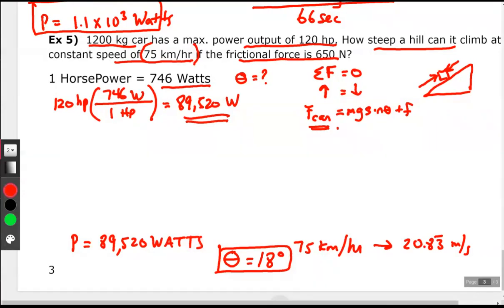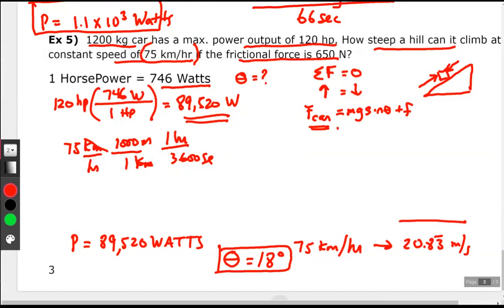You've got 75 kilometers per hour, and you know that 1 kilometer is 1,000 meters. So those cancel out, and 1 hour is 3,600 seconds. When you do the multiplication, you get this velocity.